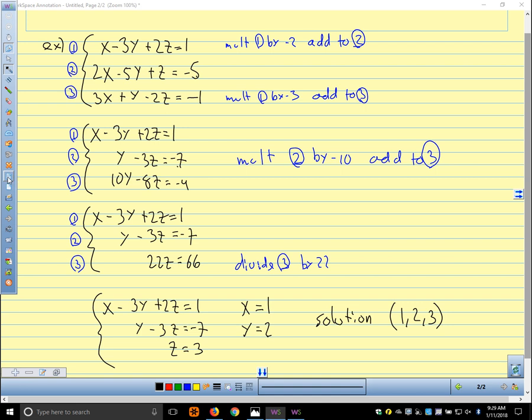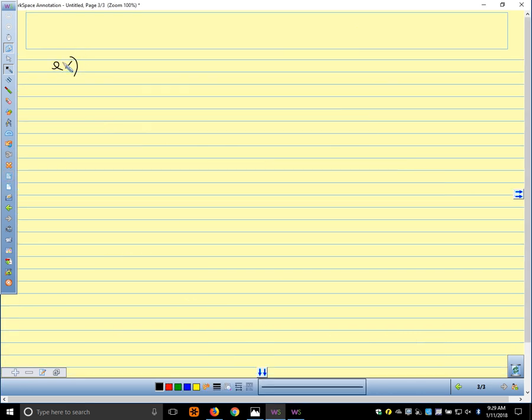Okay, so let's look at another example. We'll see something interesting that happens here. So we're solving this 3-variable system.